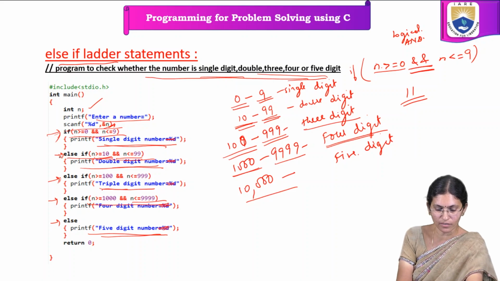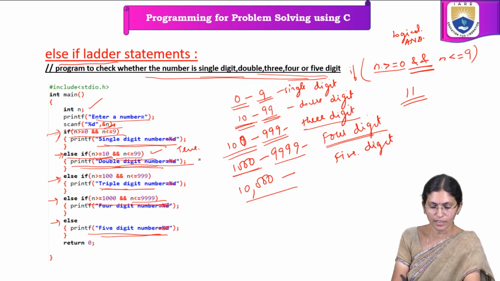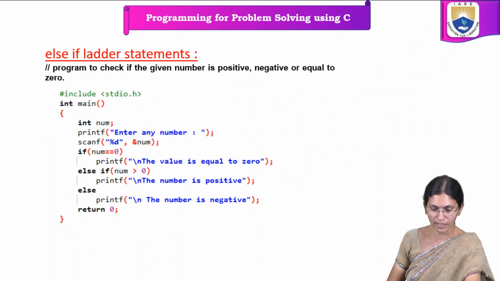So this condition evaluates to true. After that, the statements in the else if block will be executed, and the message you will get is double digit number. So in this way, you can understand the execution of this program by using else if ladder statements.